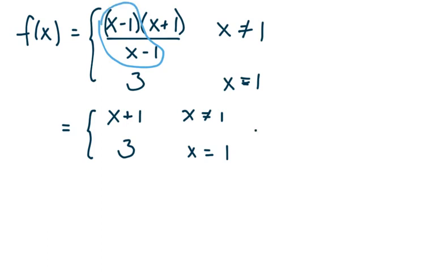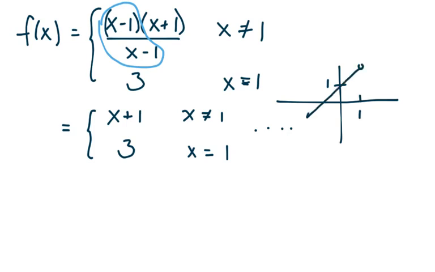And so the whole piecewise function simplifies down to what I have written lastly here. It's equal to x plus 1 when x is not equal to 1, and 3 when x is equal to 1. Graphically, what does that look like? Well, it's the line x plus 1 with a hole at 1.